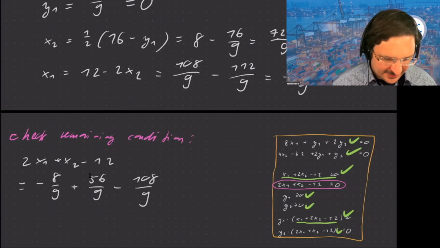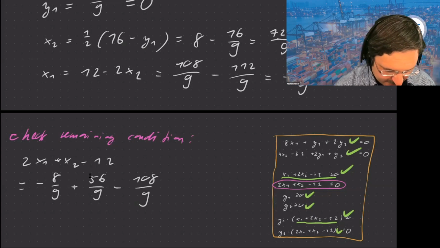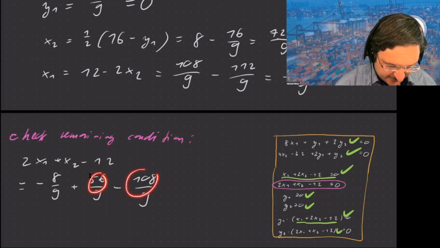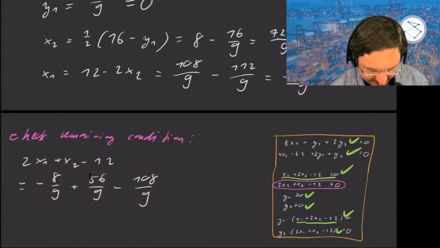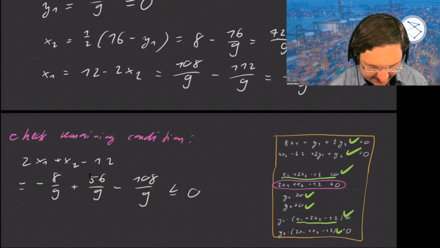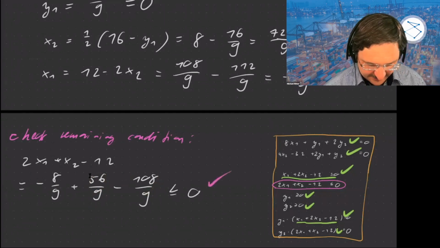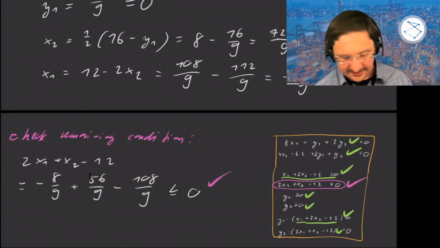Okay, so obviously that is something negative. Plus 56 minus 108 minus 8, that's obviously negative. So we get something that is less or equal to 0. And that means our last condition is also satisfied.